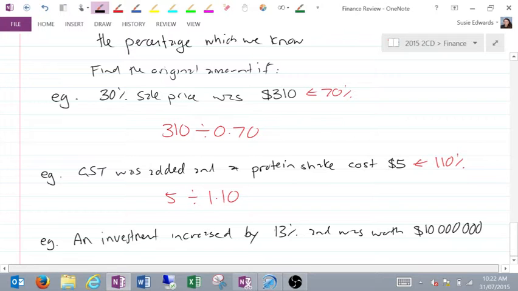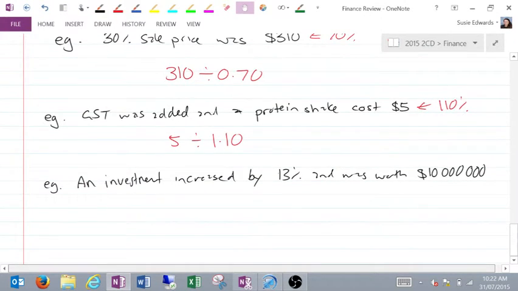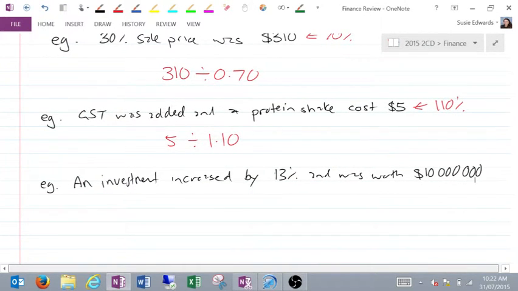Okay? How much did we start with? If it increased by 13% and so it was worth this after that. I almost say after the increase was worth. So what percentage was the $10 million? Say it again. It's 1.13.